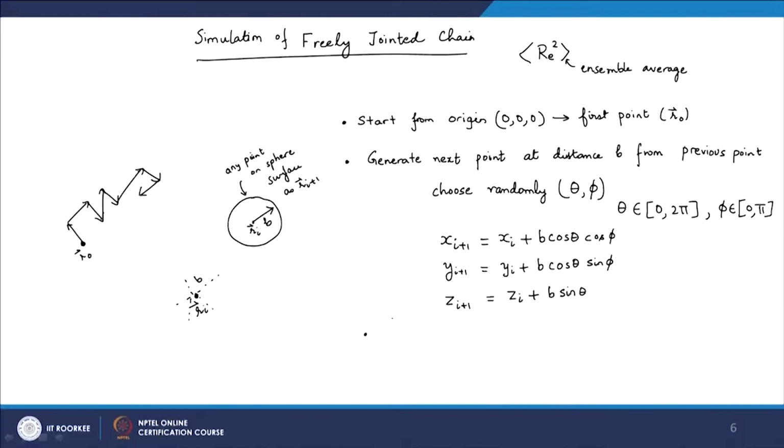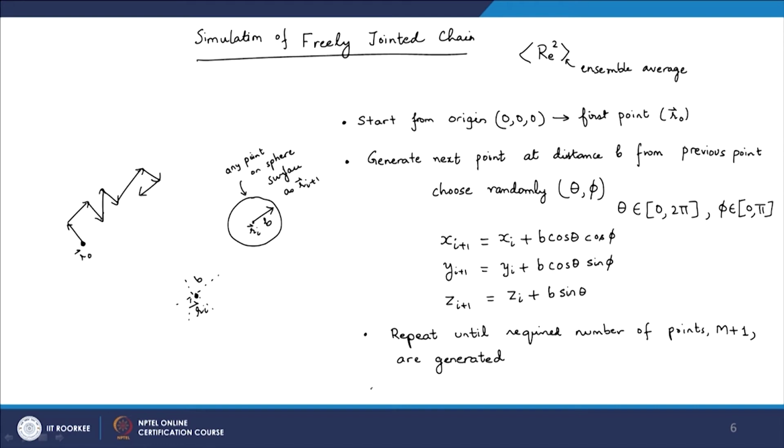Okay. So, provided that we are generating points randomly on the sphere surface, that is at radius b with respect to r_i, I can get the new coordinates, and then I can repeat until the required number of points, which for the m segment case would be m plus 1, are generated.